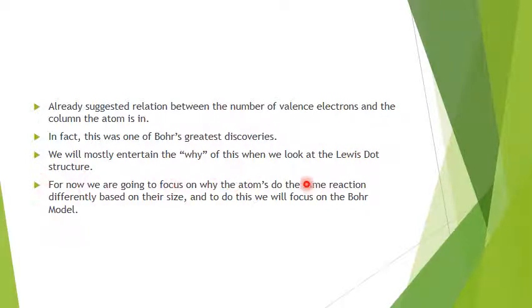But for now, what we're going to do is just focus on the atom's ability to do that reaction, and how well it does so is going to be based on its size. And to do that, we'll focus on the Bohr model.